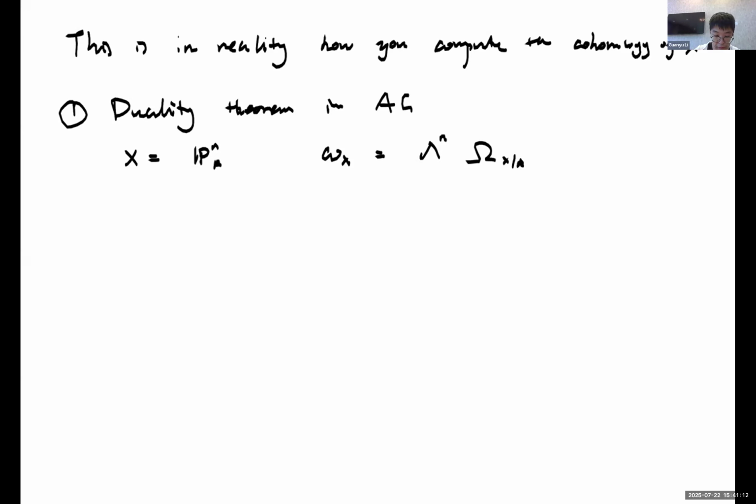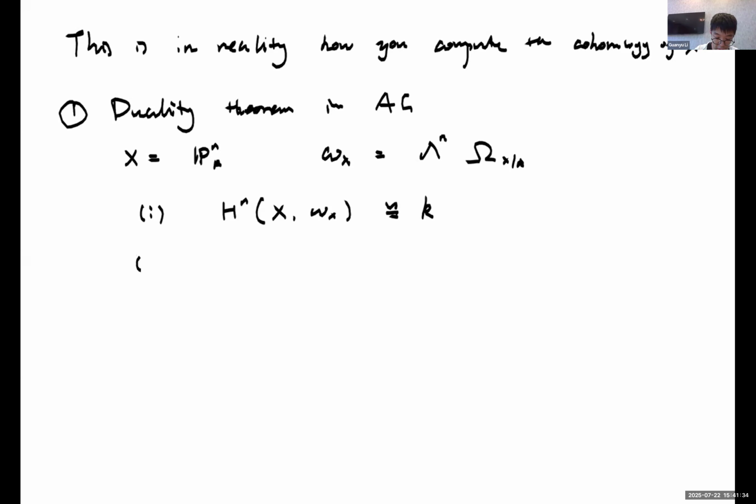Now, the top cohomology of this dualizing sheaf is one dimensional. And you need to fix such an isomorphism.